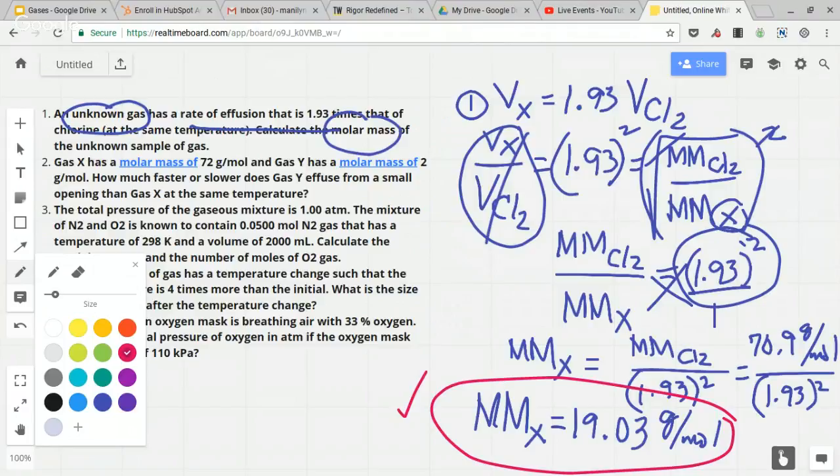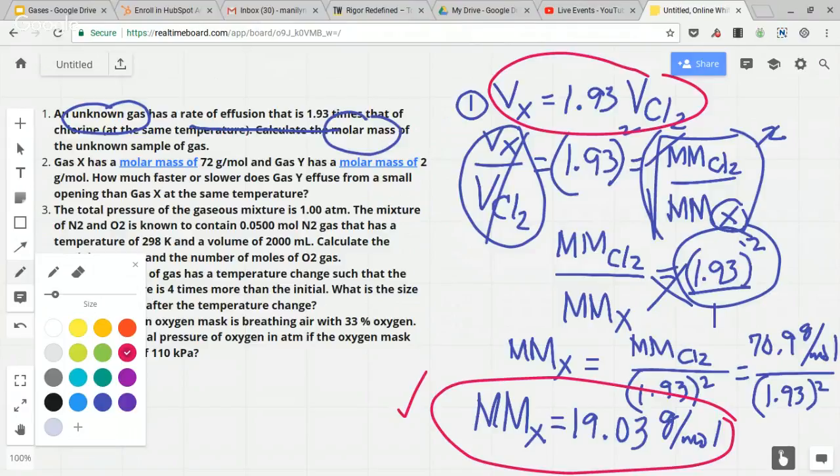Now, how do we check if our answer makes sense? Remember the concept of Graham's law: the lighter the gas, the faster it moves. In the given, it says that X moves 1.93 times as fast as chlorine gas. 1.93 is obviously more than 1. That means we would expect X to travel faster than chlorine gas.